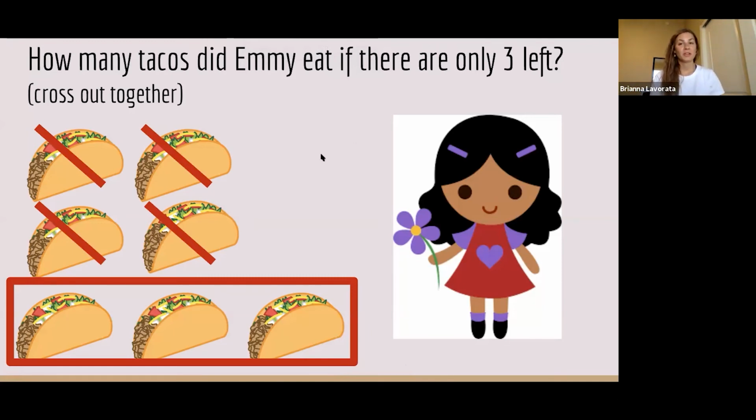Now, I want you guys to challenge yourself, and if you remember a number sentence, I'm going to give you the next 30 seconds to a minute to write your number sentence, okay? So I will give you a hint. A number sentence looks something along the lines of this type of a setup.